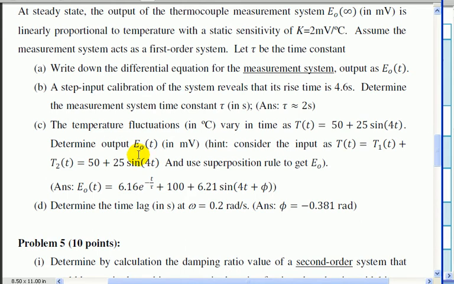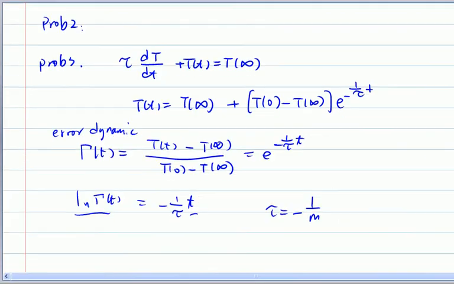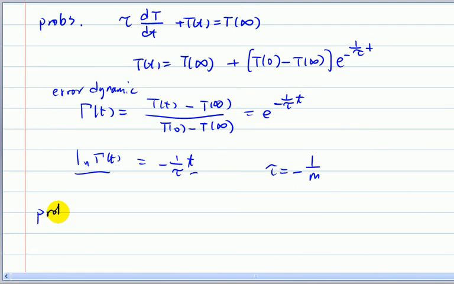In this part I'm not going to ask you to solve this, but you're solving it based on the table here. We look at this input as two portions. Using the superposition rule, we'll be able to get output E naught, and then we'll determine the time lag at this frequency. So let's take a look at this question here. Let's go over this question.